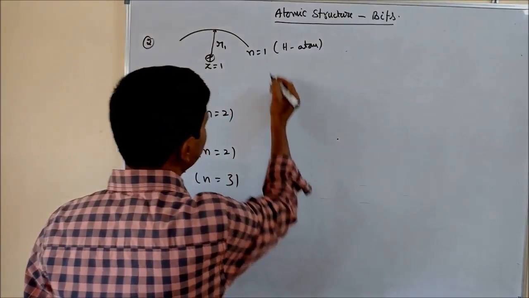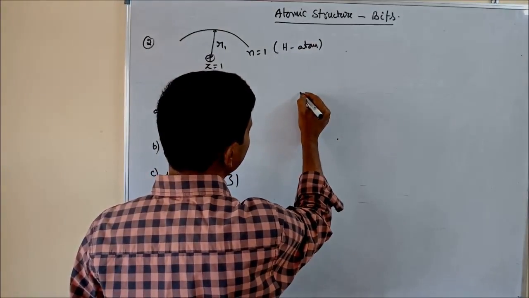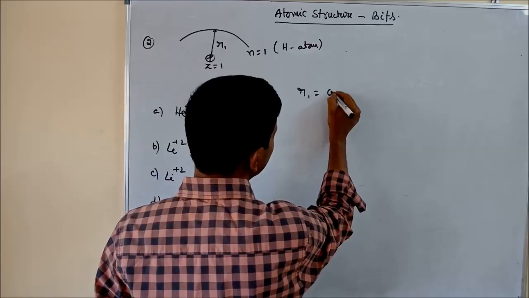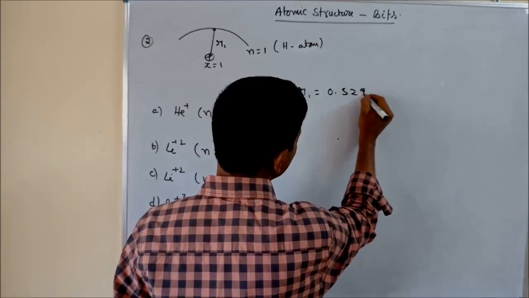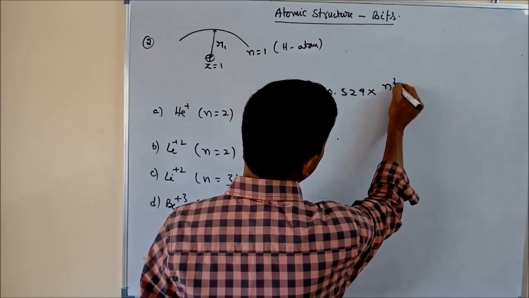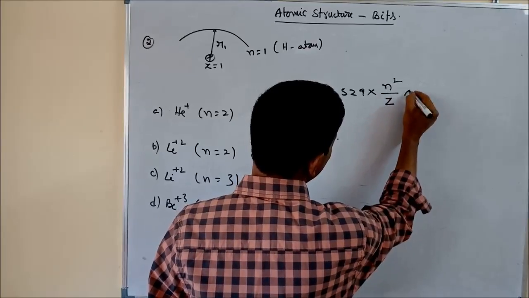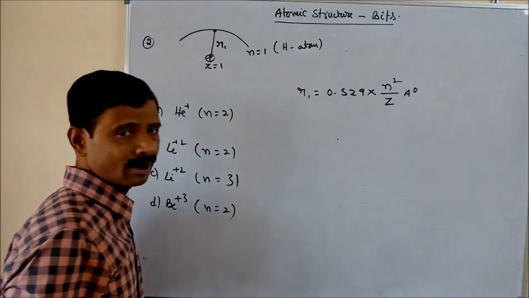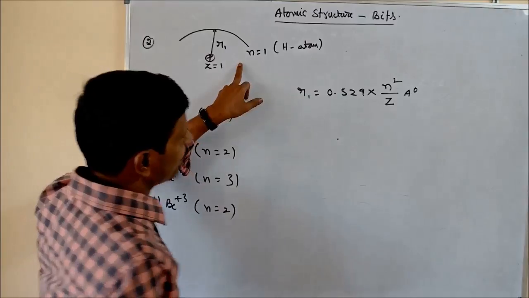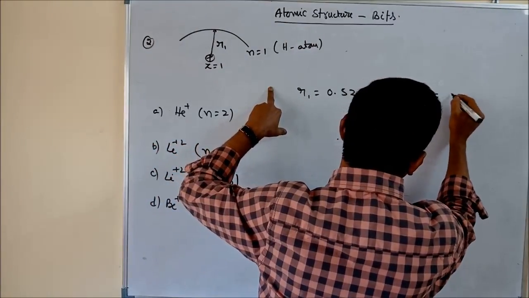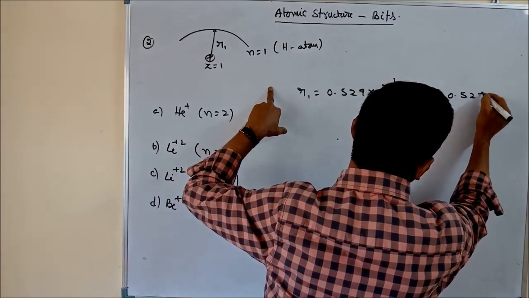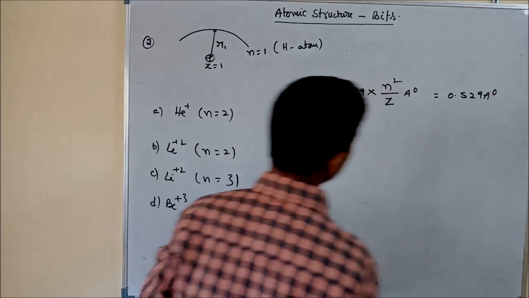For hydrogen, R1 is nothing but 0.529 into n square by Z angstroms. So in the case of the hydrogen atom, this R1 becomes 0.529 angstroms.